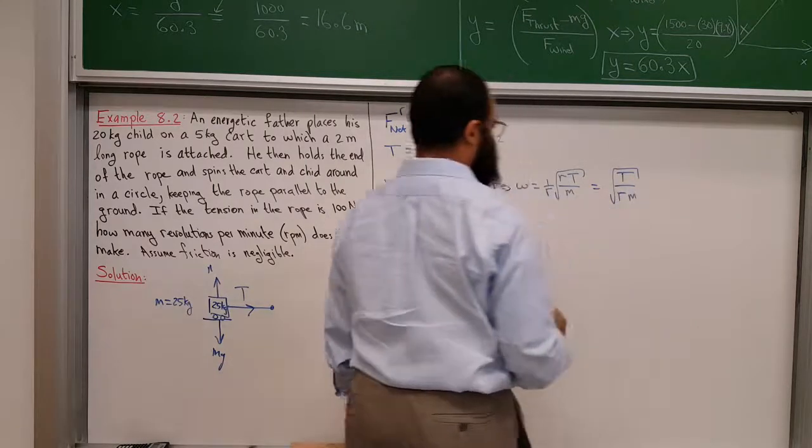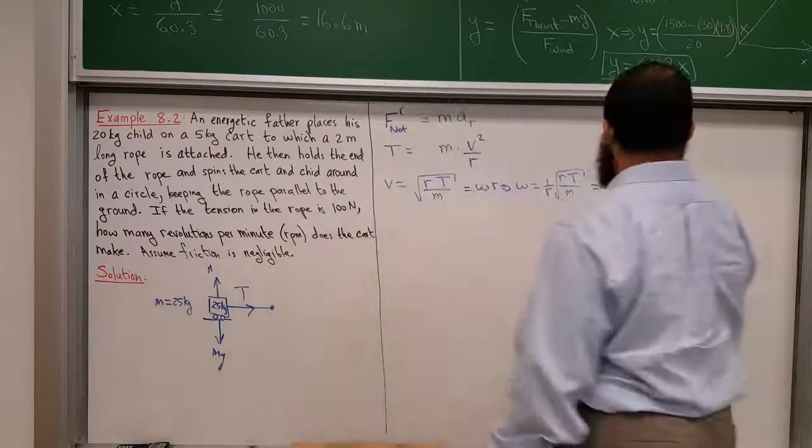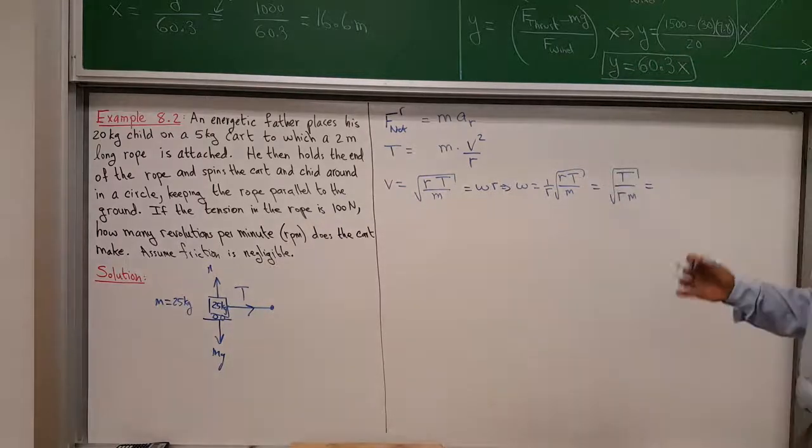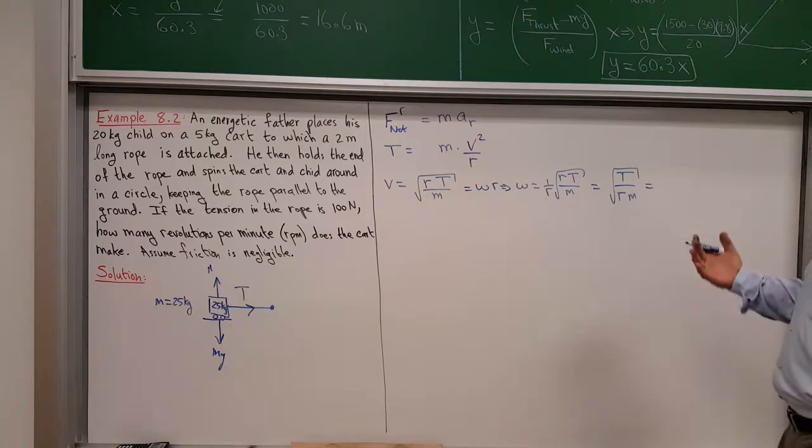That is omega. Notice, when we get omega here, we will get radians per second, the standard units for omega. The angle per unit of time, the angle in standard units will be in radians.